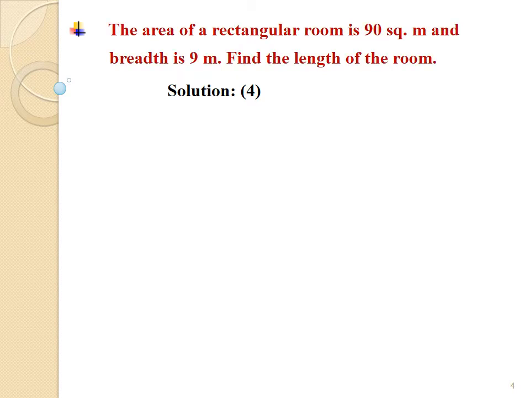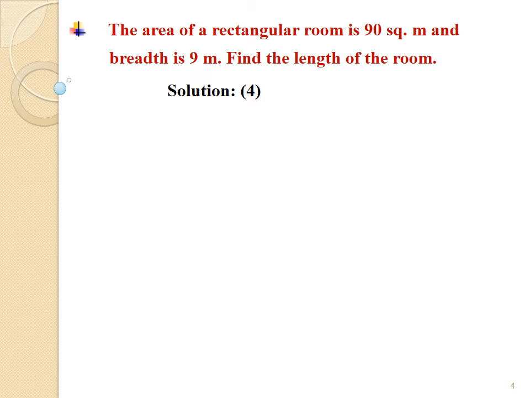Students, in this question, we have to find out length of a rectangular room, and we know that in order to find out length of a rectangle when area and breadth are given, we have to divide area by breadth. So, let us find out the length of the room after writing the necessary details given to us.